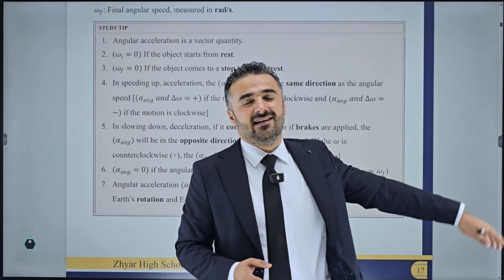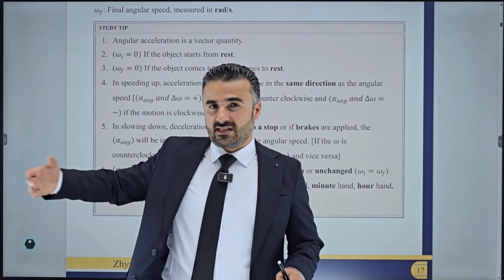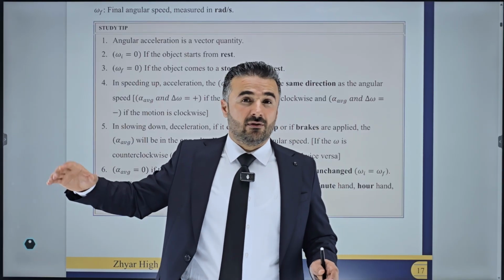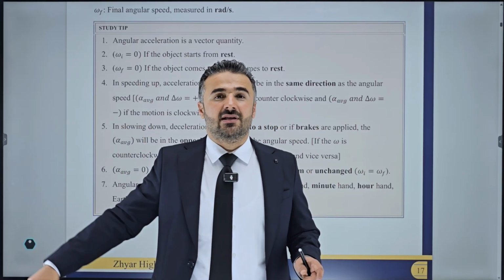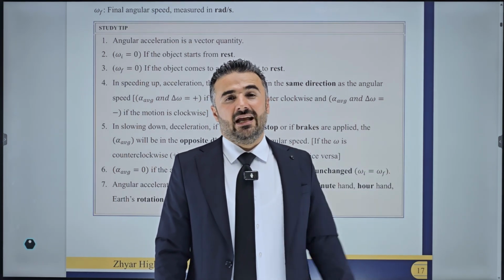If it is clockwise, it is negative. But remember this. If the object is speeding up, angular acceleration and angular speed will have the same direction. But during slowing down, they will be in opposite directions.